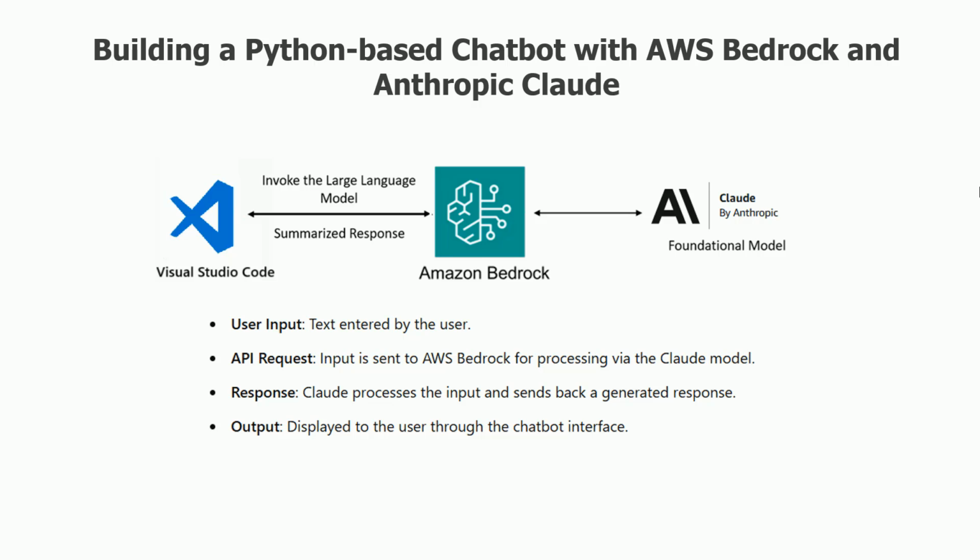The chatbot is built to be simple and it can handle many users at once if needed. It also offers flexibility in how it can be expanded in the future, such as by adding voice recognition, handling multiple conversation turns, or even integrating with other AWS services.